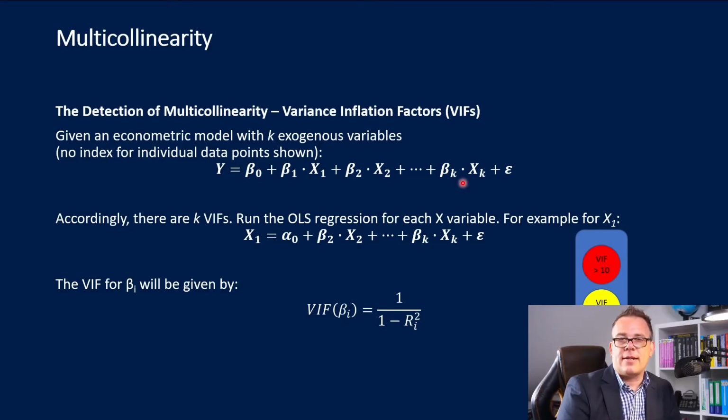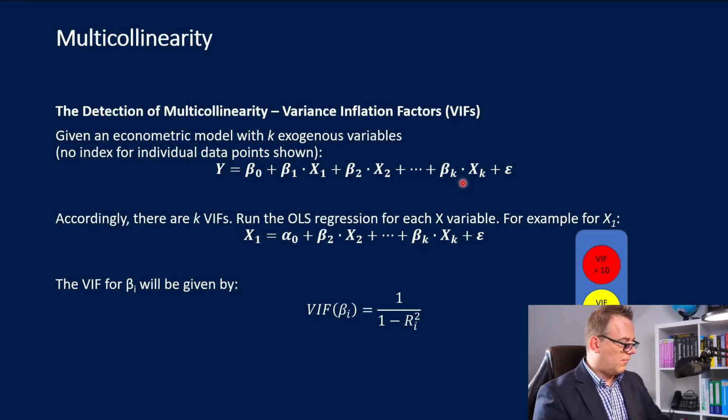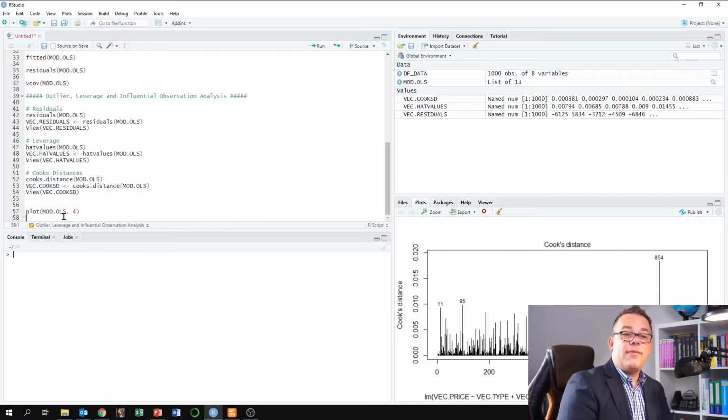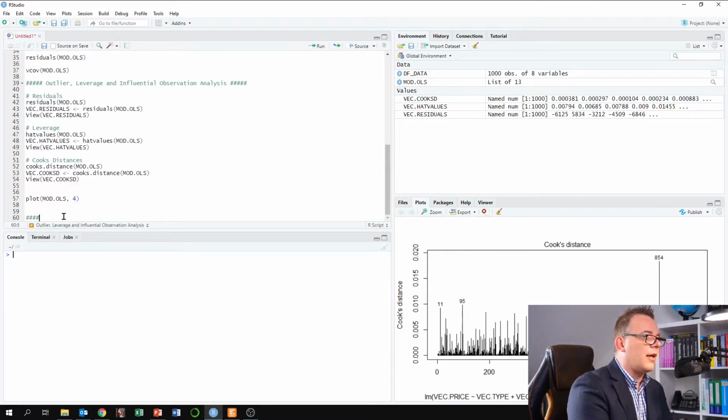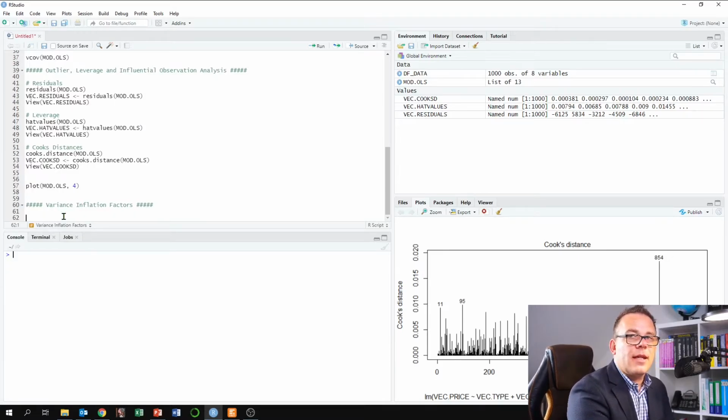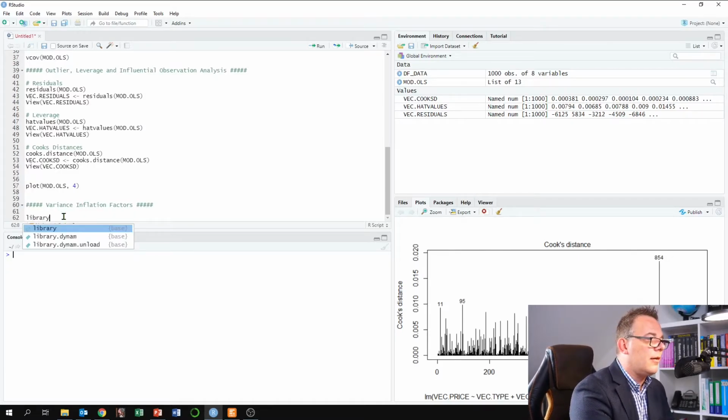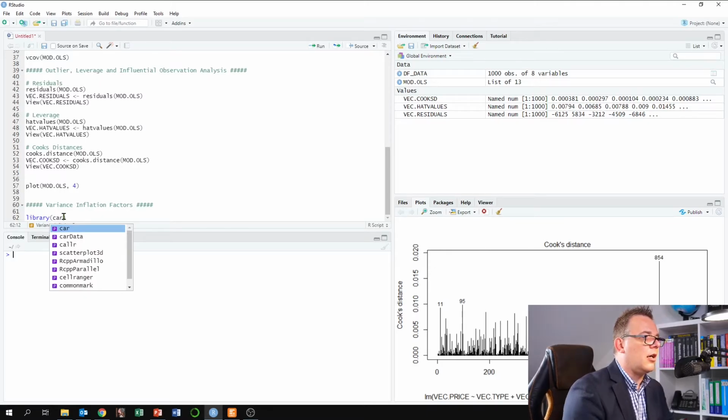Let's see how that is done in R. I have arrived in RStudio again, and of course I just write variance inflation factors 1, 2, 3, 4, 5. And the first thing is we need the library car.